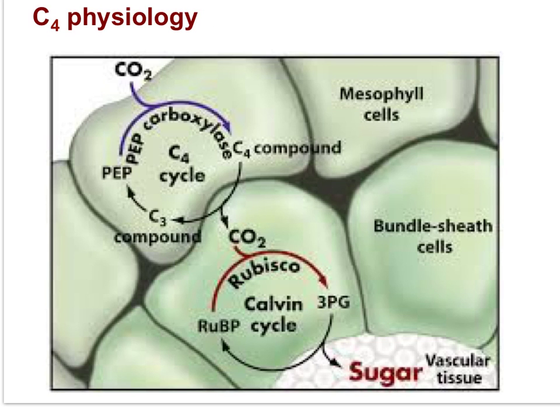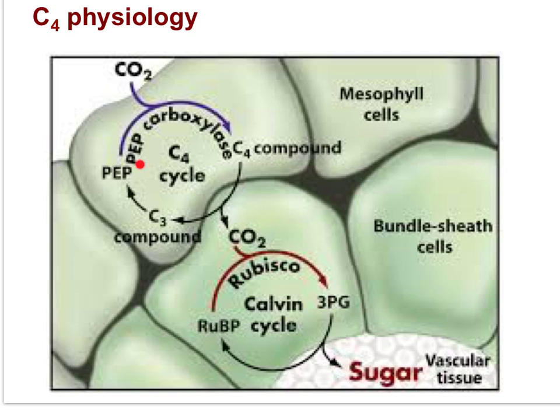Once again, you can see PEP carboxylase fixing carbon dioxide to PEP, phosphoenolpyruvate, to form intermediate compounds that are moved to locations deep within the leaf. Ultimately, the carbon dioxide is released and joined to Rubisco, but this is deep within the leaf, so concentration of carbon dioxide is high here, so Rubisco, used in the Calvin cycle, does not suffer from photorespiration, where oxygen is competing with carbon dioxide for the enzyme.